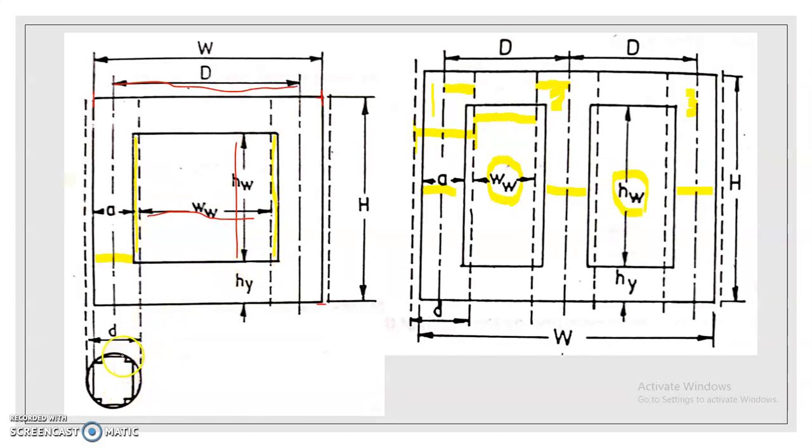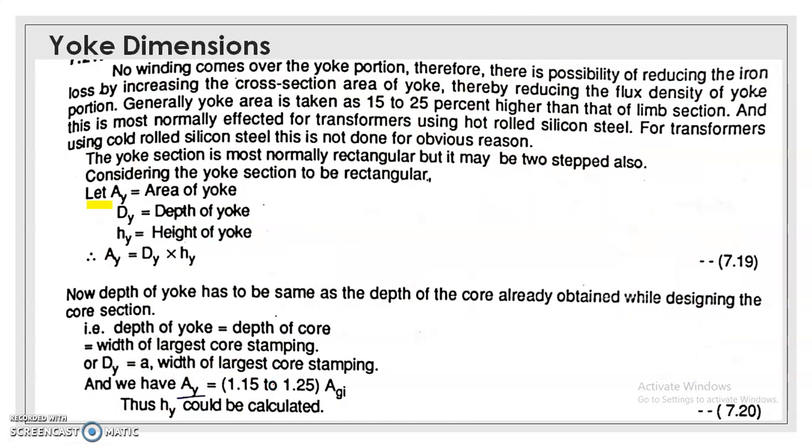If you take a side view of this, it will also appear the same, looking like this for the side view, and the depth of this is the depth of the yoke. Are you getting it? Depth of the yoke or depth of the core, it is similar. So HY is the height of the yoke.